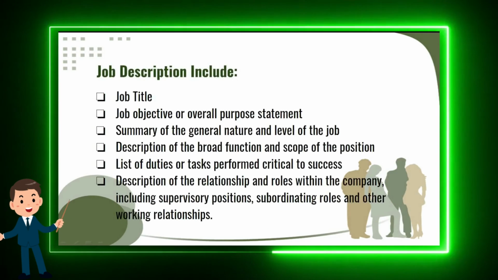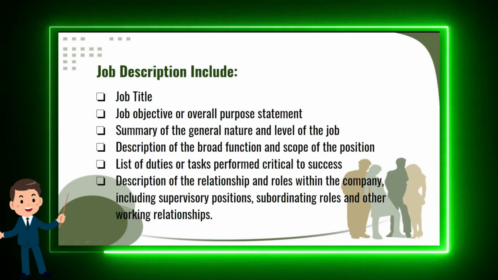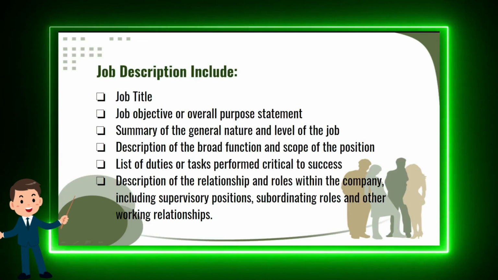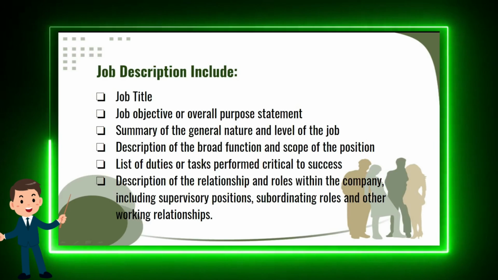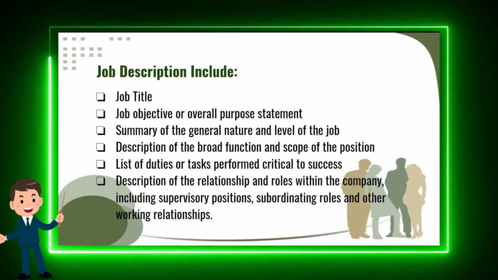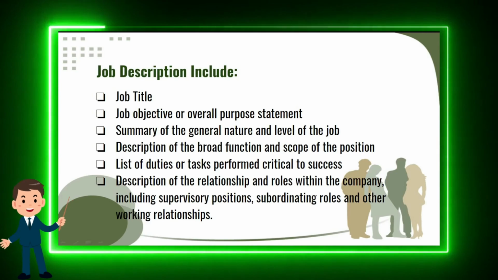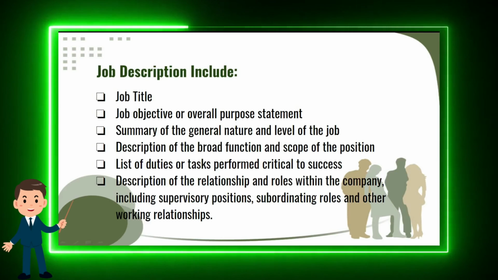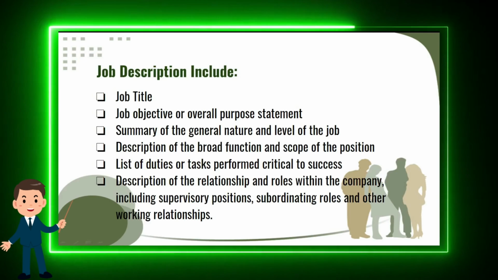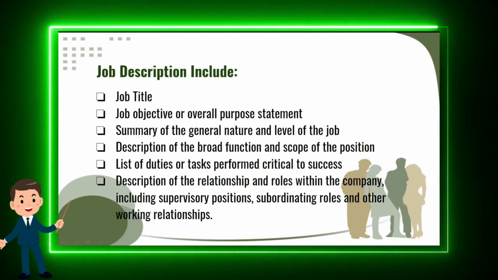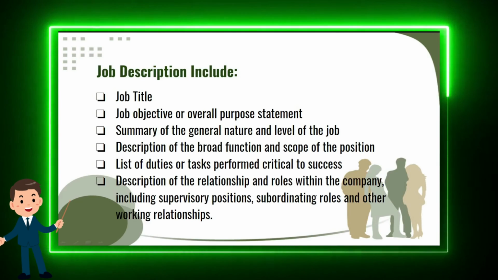Next, we have what the job description includes. The first one is the job title. The second is the job objective or overall purpose statement. Then the summary of the general nature and level of the job. Next, the description of the broad function and scope of the position.